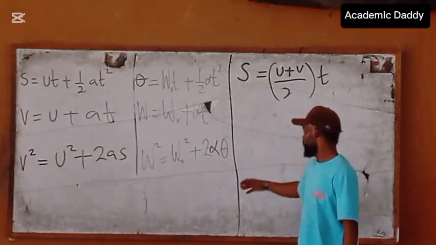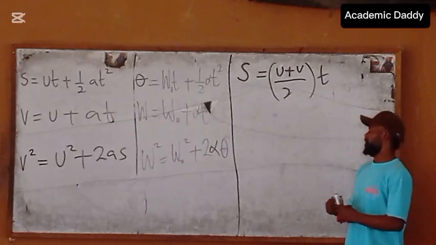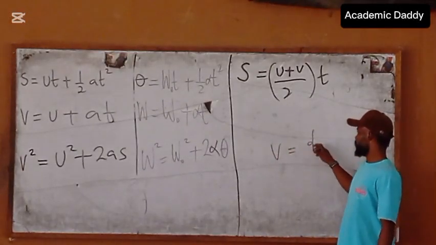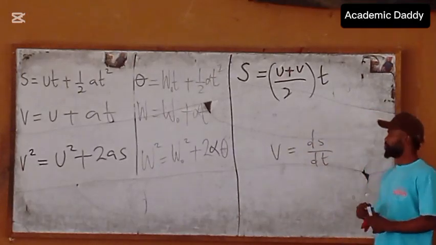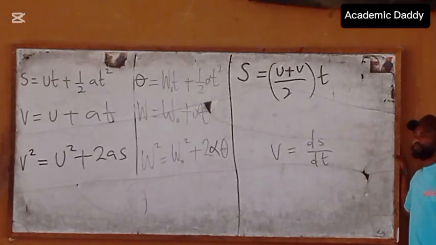Another thing I want you to know, please pay attention. If I say v is equal to change in displacement over change in time, do you know that this change is differentiation? Differentiating displacement and differentiating time, you get velocity.